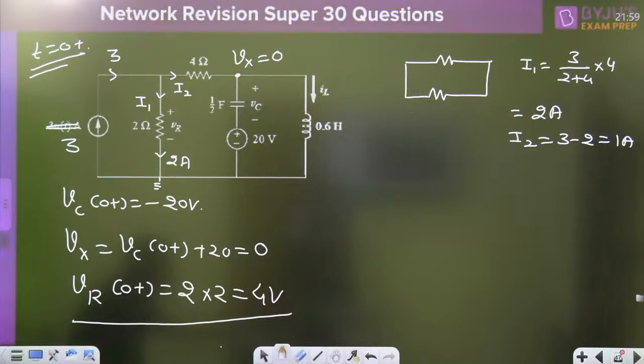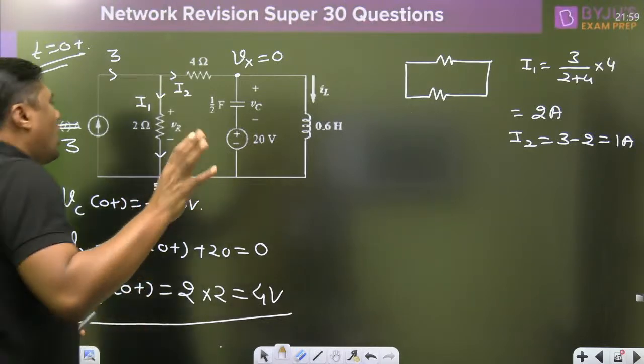According to that, the current through the 2 ohm resistor is 2 ampere, and through the 4 ohm resistor is 1 ampere. What will be the voltage then? Voltage is just equal to 4 volt.